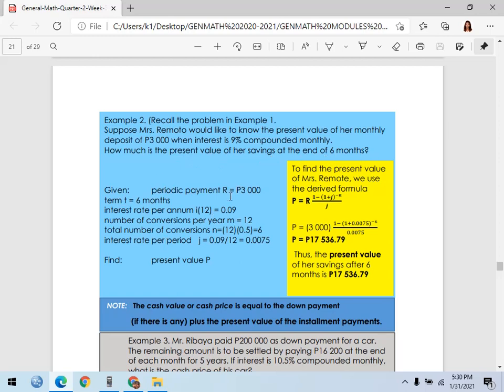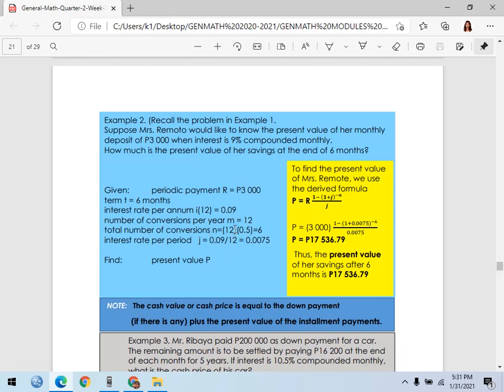So again, R is 3,000, term is 6 months, interest rate per annum is 0.09 or 9%. Number of conversions per year is 12 kasi monthly siya, compounded monthly.